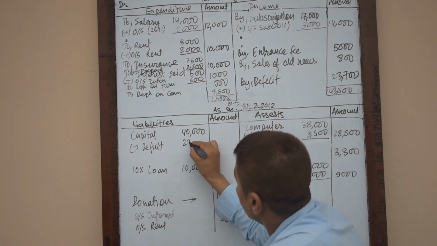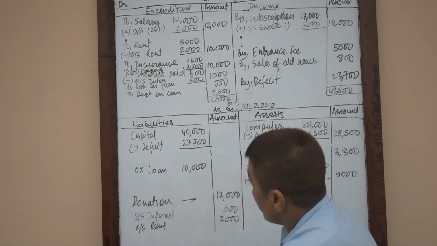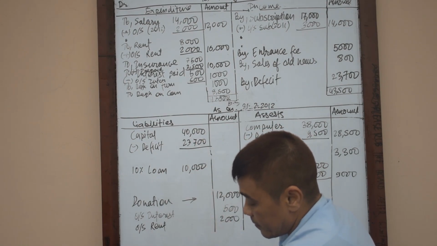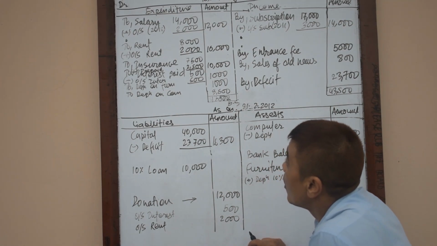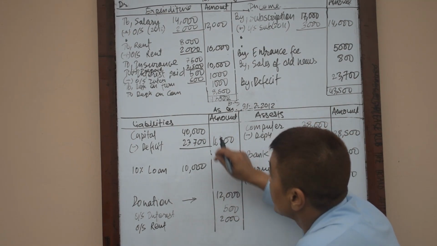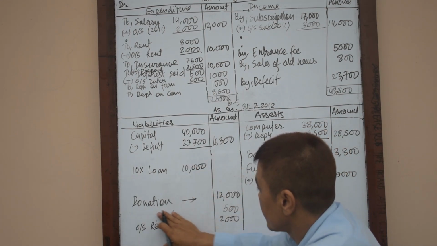Deficit is 23,700. So our capital was 40,000. That means now it becomes 16,300 only. Yes, one thing is missed here, outstanding interest we could add to the loan.